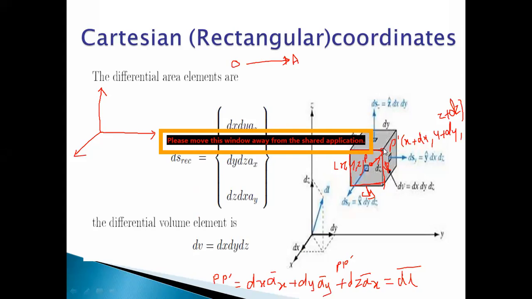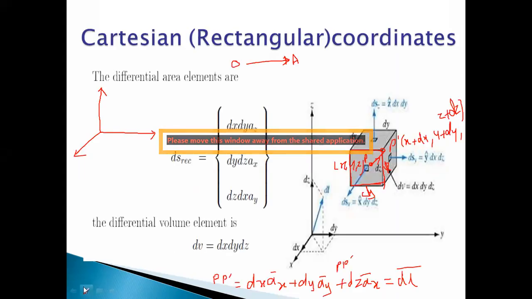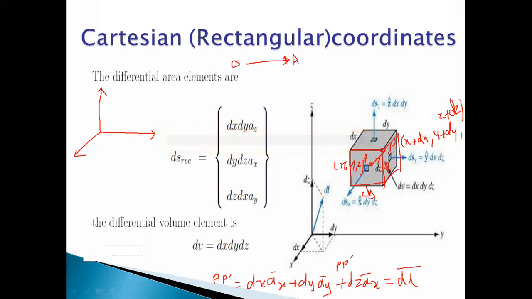Similarly, the second one, which is perpendicular to the y-axis, is the y is equal to constant plane. Here your x and z axes are present.